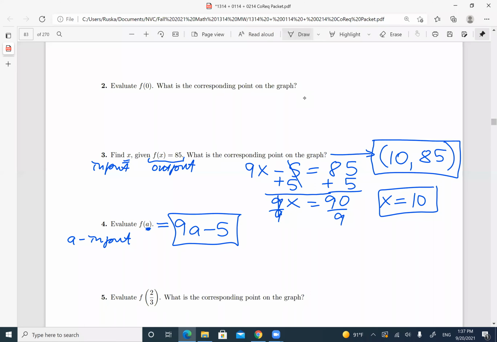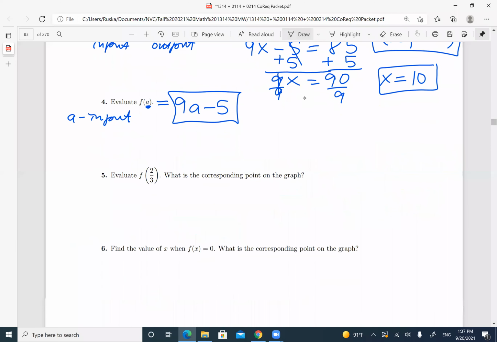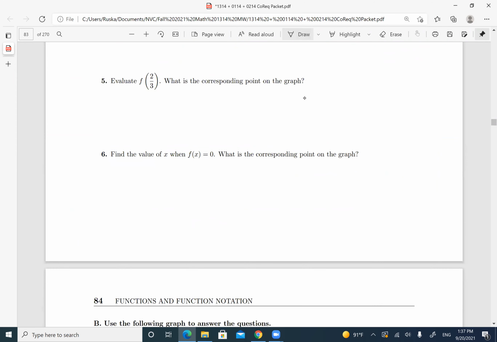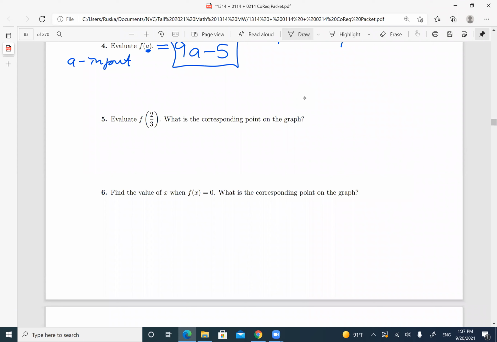Next one is the same way. You have to evaluate. And number 6, which one you want me to do? 5 or 6? 5. 5? Yeah. Okay, so let's do 5.